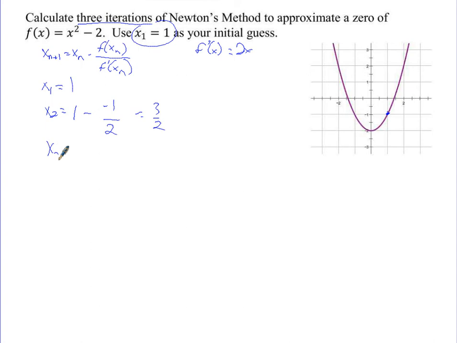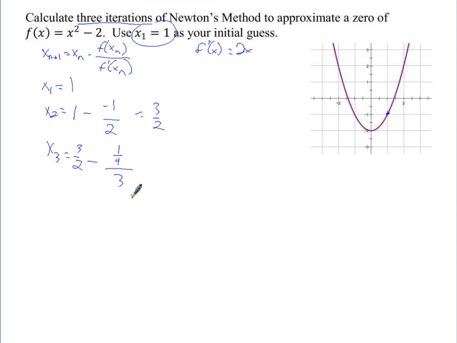So we'll do x sub 3 equals 3/2 minus, now the numerator. So 9/4 minus 2. 9/4 is... 1/4? Just positive 1/4 or negative 1/4? Positive 1/4 divided by 6/2, which reduces down to 3.